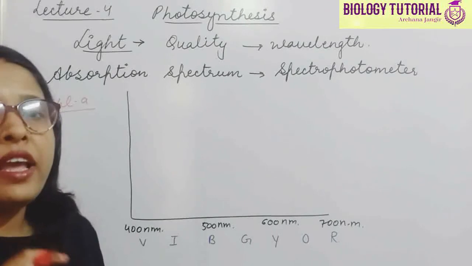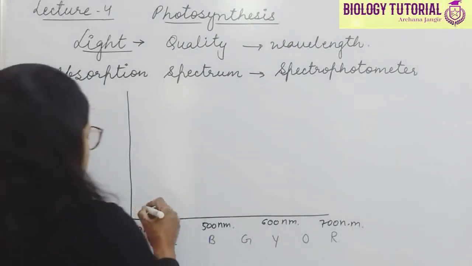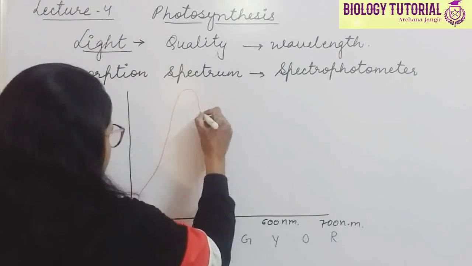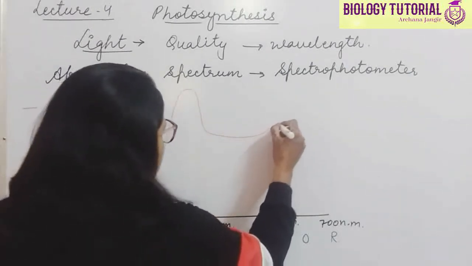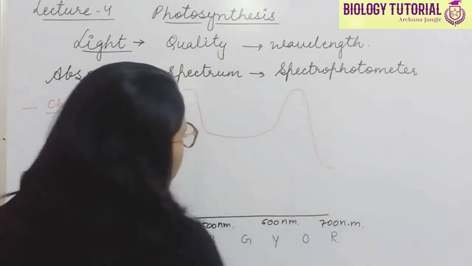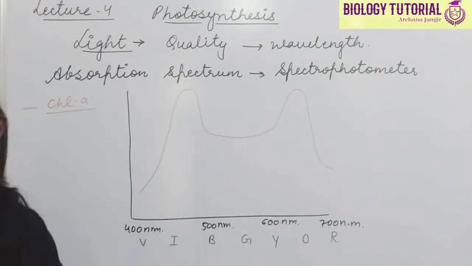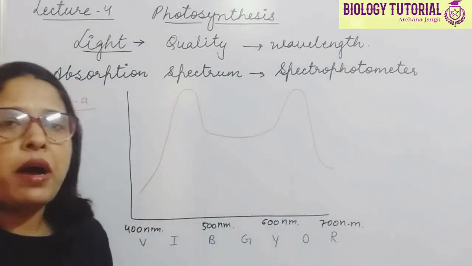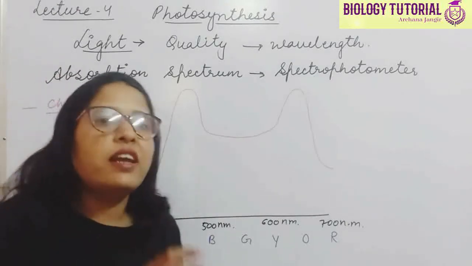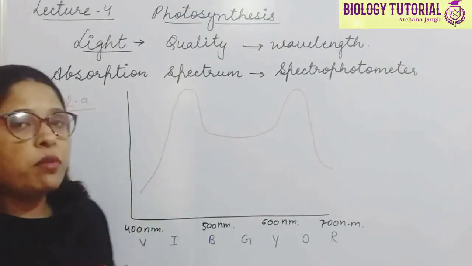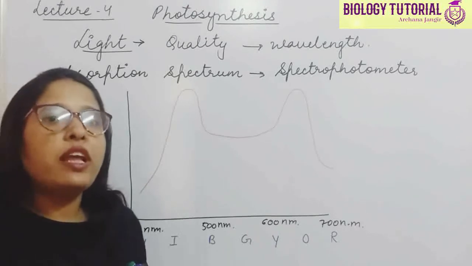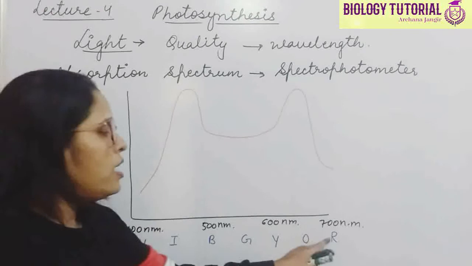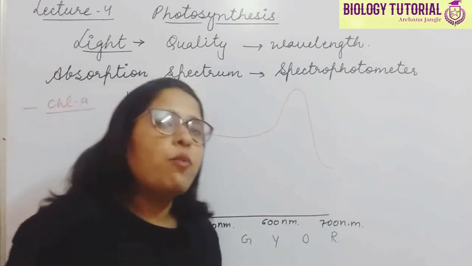This chlorophyll A shows a peak at 500 nanometer light and another peak at 700 nanometers, which is the red colored light. So this is the peak obtained for chlorophyll A, or this is the light absorbed by the chlorophyll A. The blue colored light at approximately 500 nanometer, and the red colored light at approximately 700 nanometer.